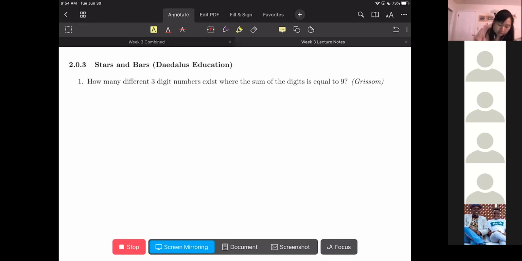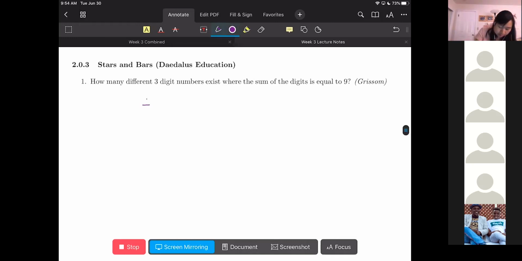Right, yeah. So let's say A, B, C is our 3-digit number, and we know A plus B plus C equals 9. And we know that A has to be greater than or equal to 1, B has to be greater than or equal to 0, and C has to be greater than or equal to 0, right?